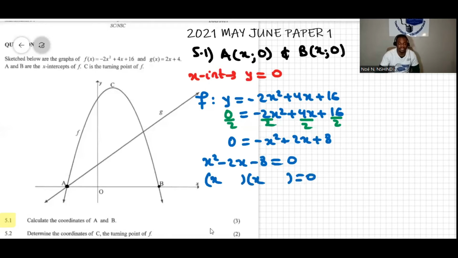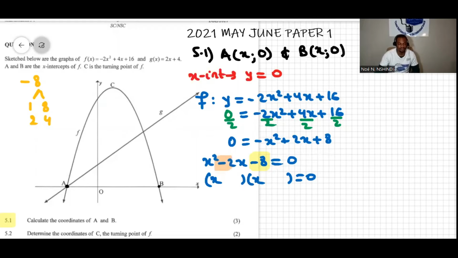So let's consider the last term, negative 8. There, I'm gonna write negative 8. The factors of negative 8 are like 1 and 8, 2 and 4, and that's all. Now, how can we get from these factors a couple equal to the coefficient of the middle term, negative 2?